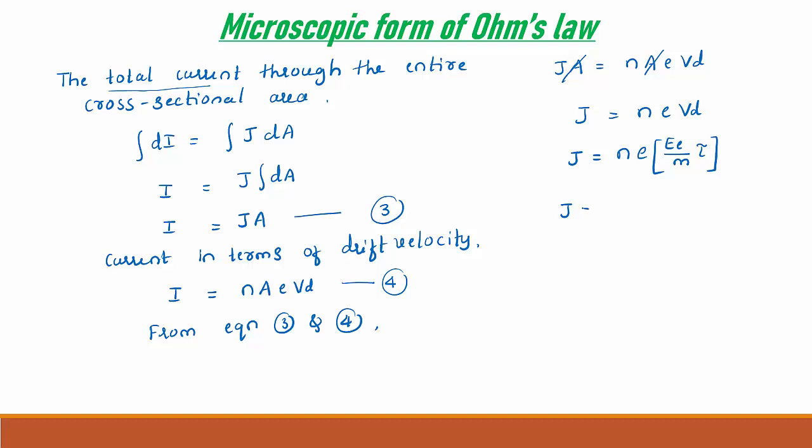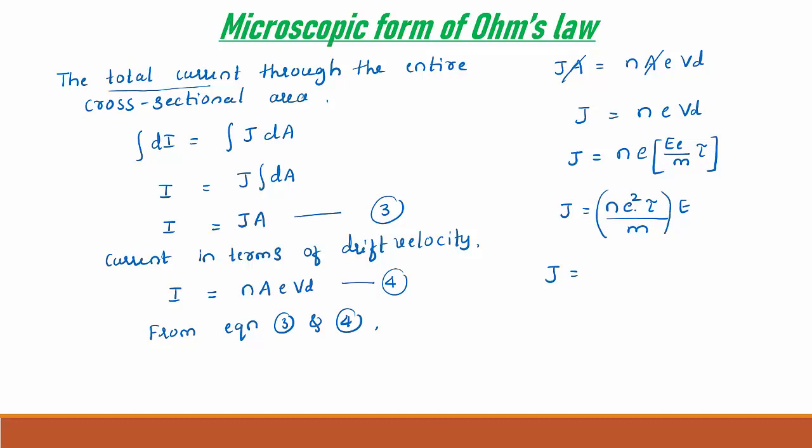Now we can write J equals n e into E e tau divided by m, which is n e square tau divided by m, then remaining is the electric field E.